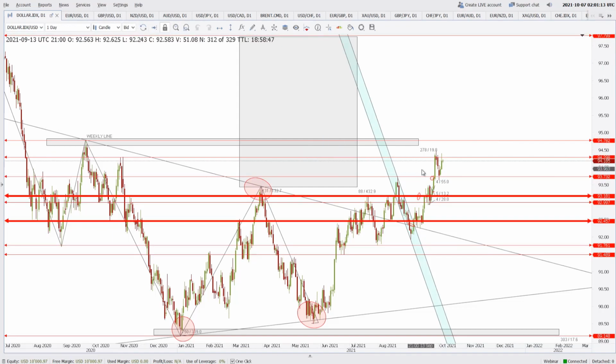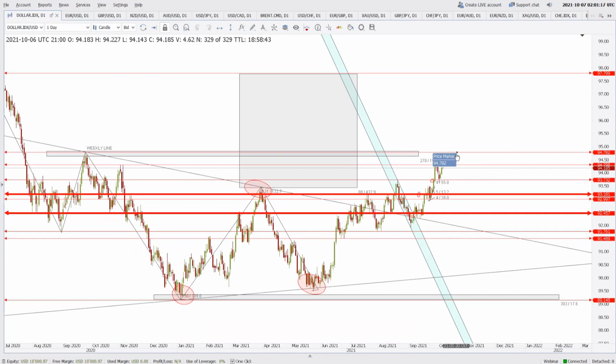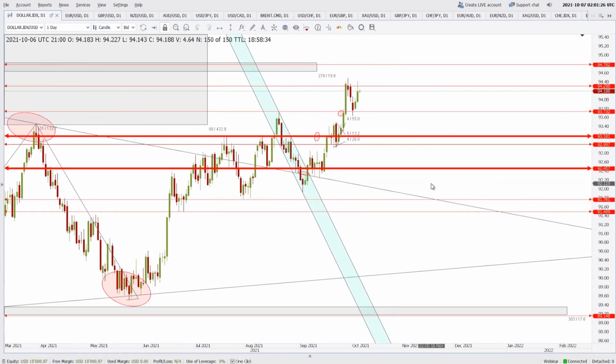They may break down to a large extent in case we are able to see a close higher than 94.78 in the US dollar here. So right now the dollar index is trading between 94.29 and the support zone of 93.73.